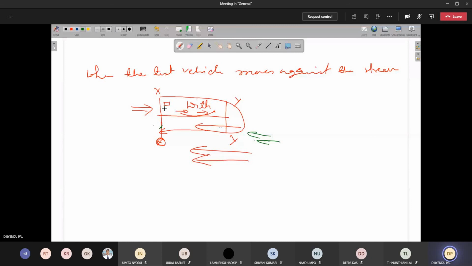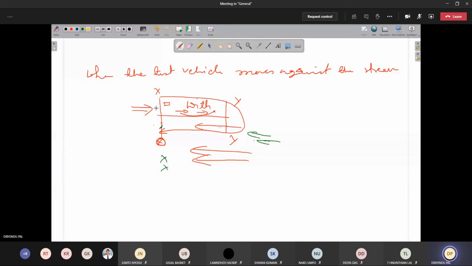Overtaking means you are reaching a particular destination before some other reaches. So before I reach section XX, all other vehicles have reached. That's why we are saying that all the vehicles have overtaken the test vehicle.